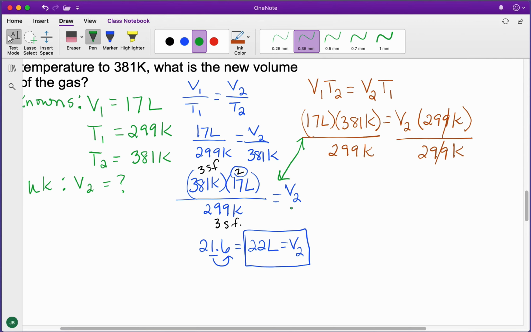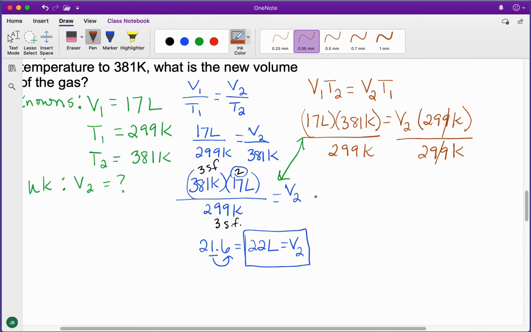Okay, so this is why it is fine to use this formula. There's nothing really magical going on here. This is just algebra. This is me having taken the original fraction and gone from dividing to multiplying, and that's why it's V1 times T2 equals V2 times T1.